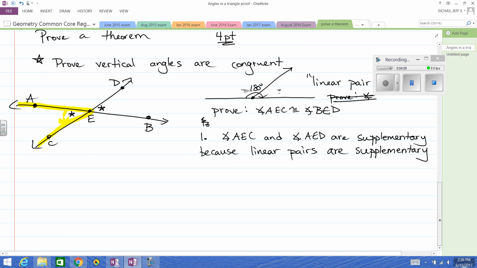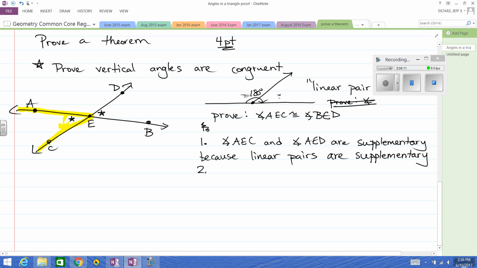Now the next move I'm going to make is demonstrating my knowledge some more. The measure of angle AEC plus the measure of angle AED is 180, and that's because supplementary angles have measures that add to 180.